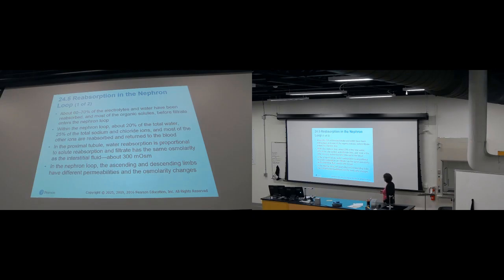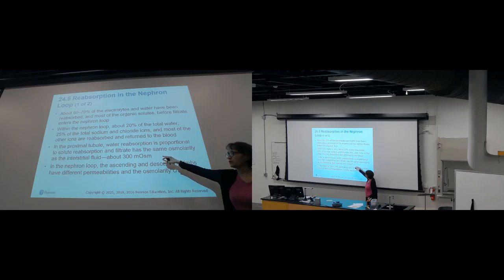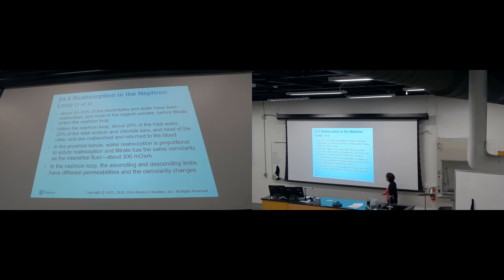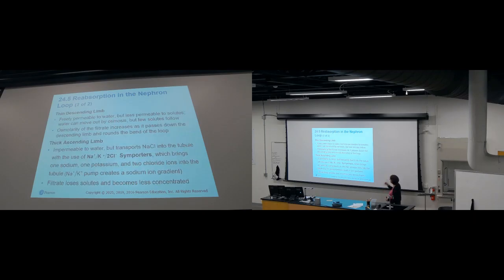So this is done majorly because you will have changes in osmolarity in the interstitial fluid. So in the interstitial fluid, typically you have an osmolarity of 300 milliosmoles. And then you have this loop of Henle that goes down and then goes up, and then you have different permeabilities based on the changes in the osmolarity.